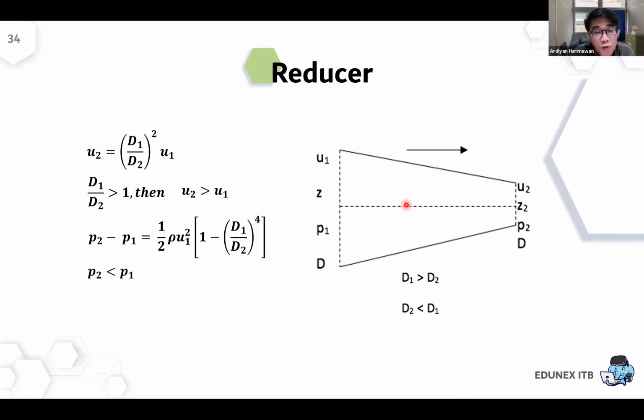But if you do not consider the energy loss, so the flow is really ideal, then it should be the same. As long as the diameter ratio is the same and the velocity at the inlet is the same, then you have the same value of the velocity at the outlet, as long as it is ideal.